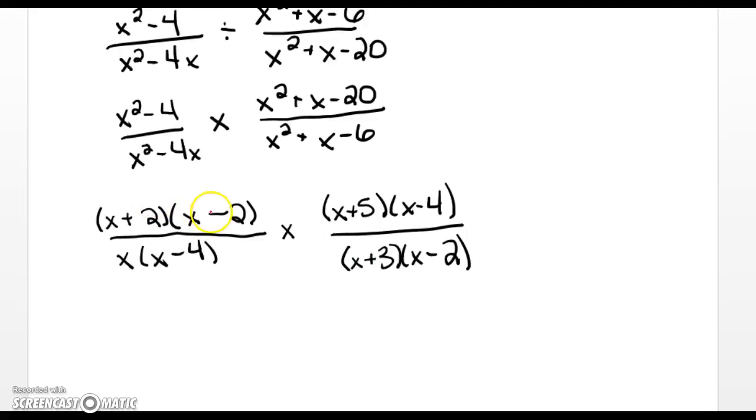Moving on to x minus 2, we have x, x minus 4, x plus 3, and here we have an x minus 2, so cancel those both out. We can move over to x plus 5. So we have x, x minus 4, x plus 3, so that one there has nothing in common. Then moving over to x minus 4, we have x, and then x minus 4 right here, so let's cancel that out.